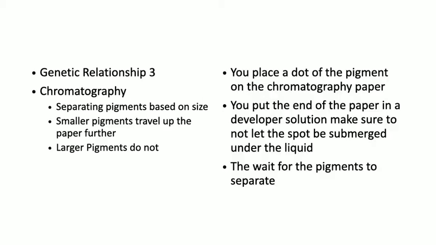Genetic relationship 3 is chromatography. Chromatography is separating pigments based on size. Smaller pigments travel up the paper further. Larger pigments do not. You place a dot of the pigment on the chromatography paper. You put the end of the paper in a developer solution and make sure not to let the dot be submerged under the liquid, and you wait for the pigments to separate by the water being drawn up the paper.